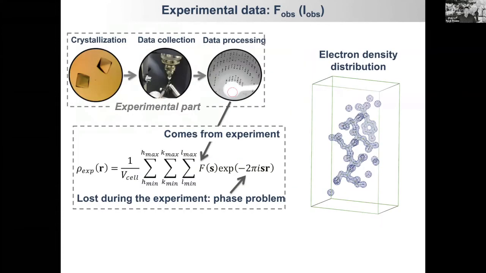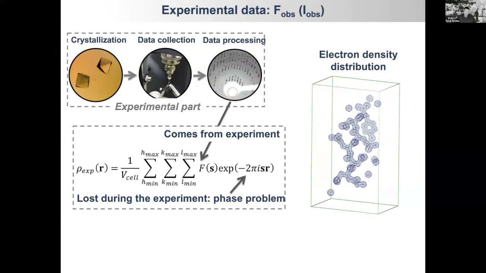Now, it is very important to realize that from the experiment we only get structure factor intensities, amplitudes, and not an infinite amount of those, but only a finite amount. And we lose the phase, and that's what's called the phase problem in crystallography. We lose this term during the experiment.